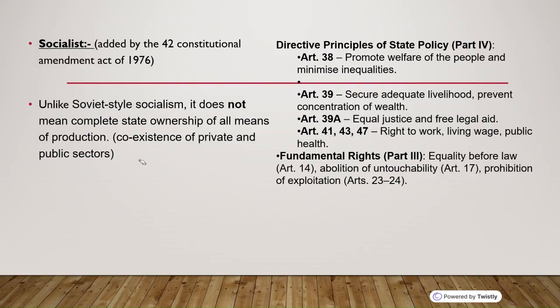The other one is capitalistic. In a capitalistic economy, the government has very minimum control over the economy. The best example for a socialistic economy was the Soviet Union, and the capitalistic country is USA.